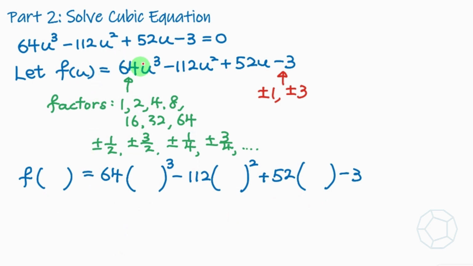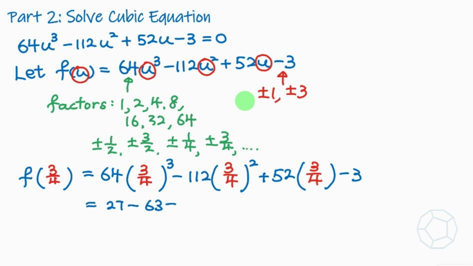If we put u equals 3 over 4 into the function, like this, then the function value is equal to 27 minus 63 plus 39 minus 3, which is equal to 0.